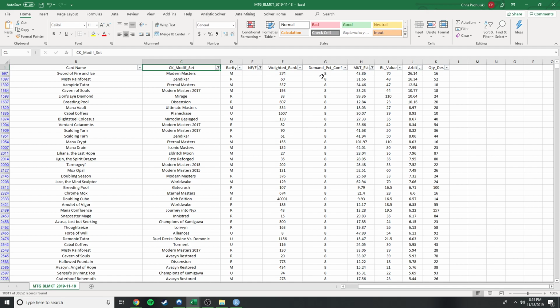So despite the low confidence rating, if it's true, and this is only what I would do if I had the time, which I'll admit I don't, but I have found a great deal of success when I do take the time to look through this list. This is a lower degree of confidence, so I can't vouch for Doubling Cube actually being $9.93. I checked before; it's actually $16, 16 to 20, and the buy list is 16.5.